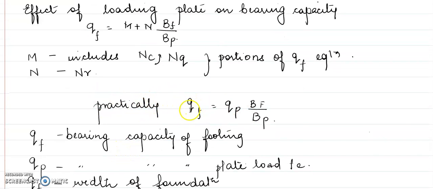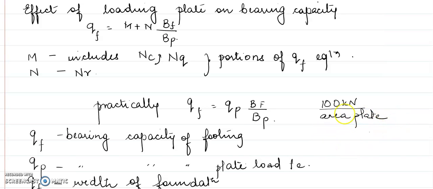Practically how we write this is qf is equal to qp into Bf upon Bp. Now what is qp? qp is the bearing capacity that you obtain with the plate load test. So let's say you have loaded around 100 tons or 100 kilonewtons, and whatever was the dimensions of the area of your plate. If it was a square plate, then it will be some B square.